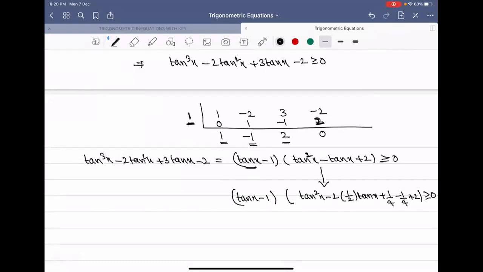So what I have done here, I have written the tan x as 2 into 1 by 2. The 2 and 1 by 2 cancel, 1 only. Means I am trying to make this a perfect square, completing the square: a square minus 2ab plus b square. That's why 1/2 whole square, subtract and add.